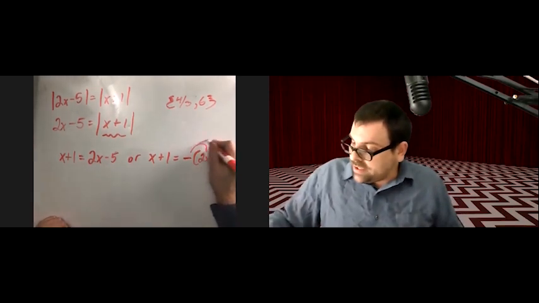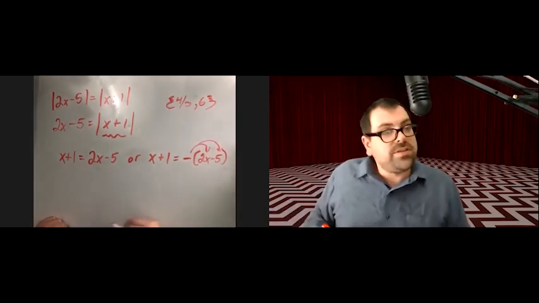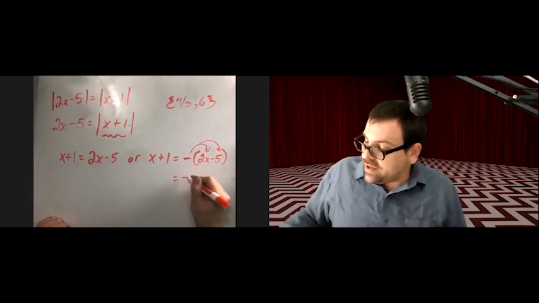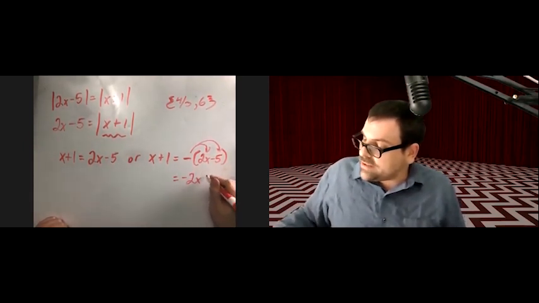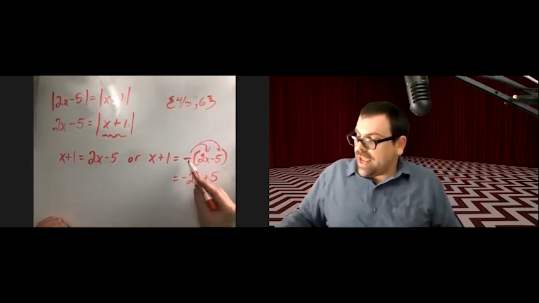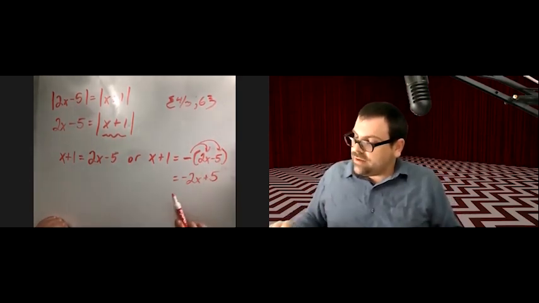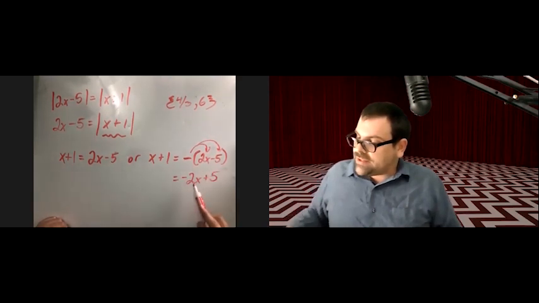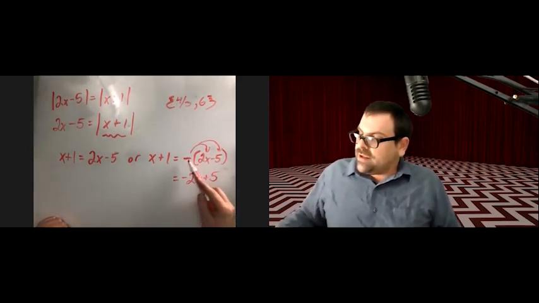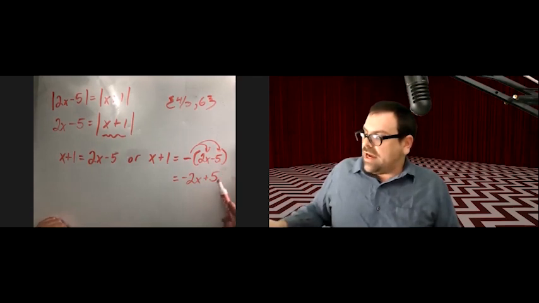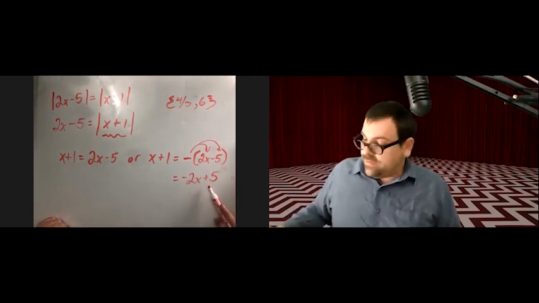Because what happened here? We're going to have to distribute that negative 5. It becomes negative 2x plus 5. The negative sign gets distributed. The opposite of 2x is negative 2x. The opposite of negative 5 is positive 5.